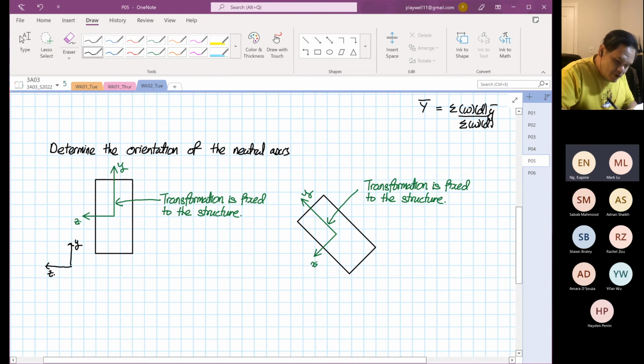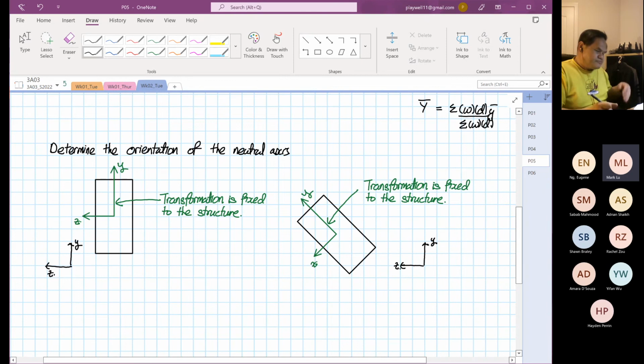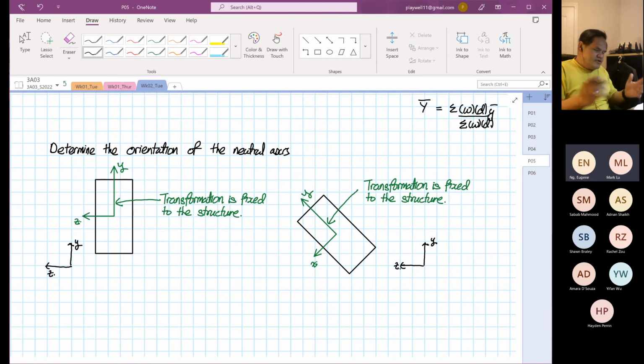We also tend to draw it on the structure: this is our y and this is our z. For the one on the left-hand side, it's easy to see, Eugene, the orientation is the same. You can accept it. But how come for the one on the right, when I rotate it, the transformation will also rotate? Why are we adopting this approach?